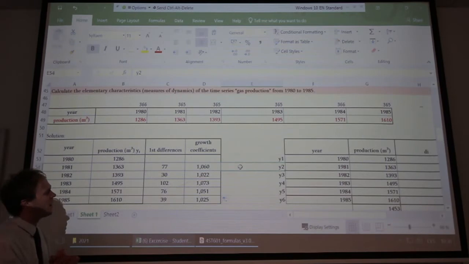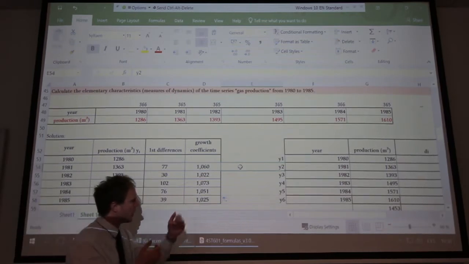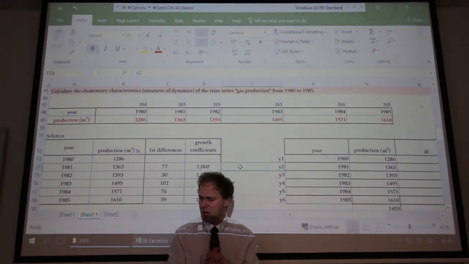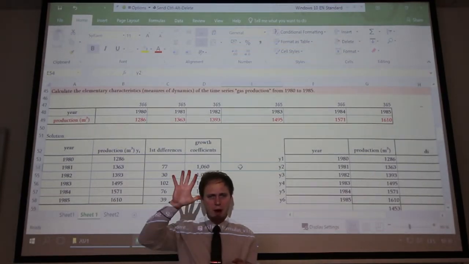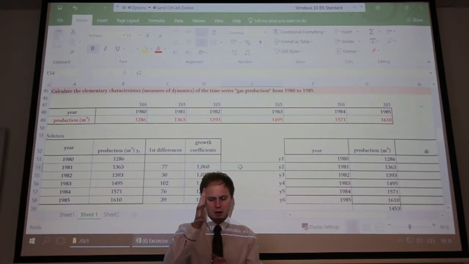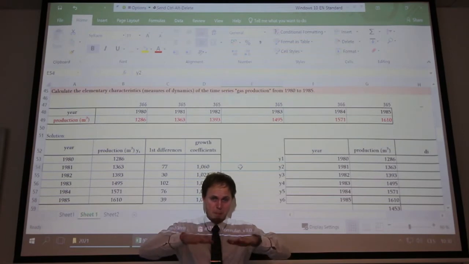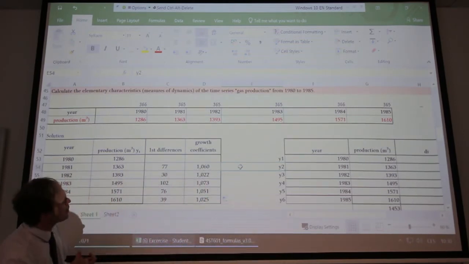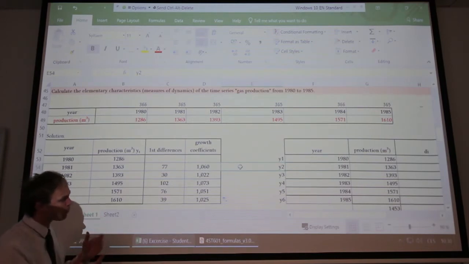Can you imagine the result of decreasing, for example, by 5%? The result will be 0.95. So 0.95 will be a decrease by 5%, etc. It's a simple interpretation of a relative number.